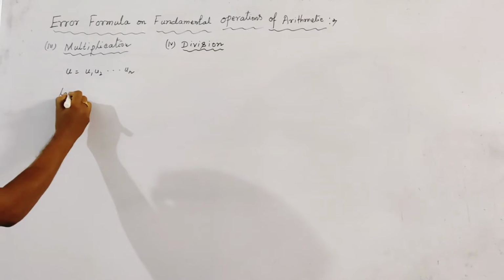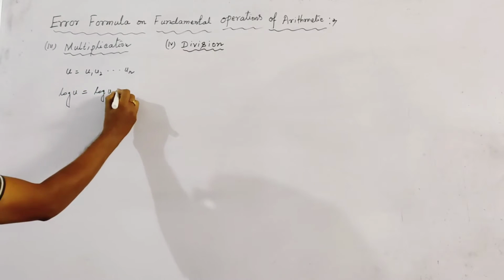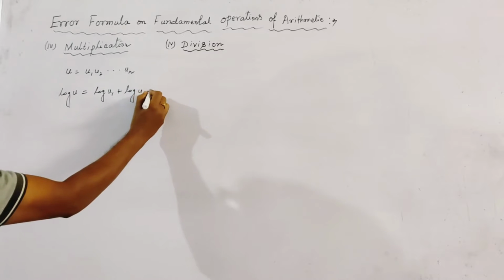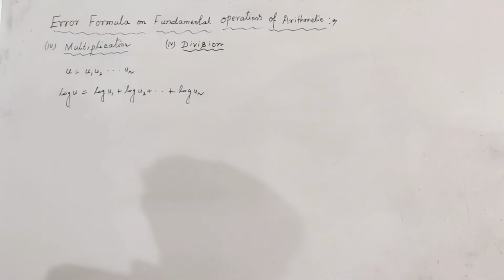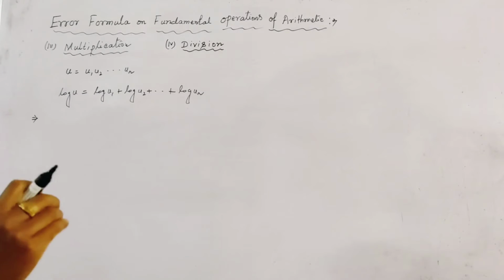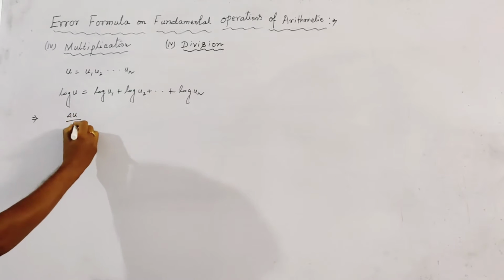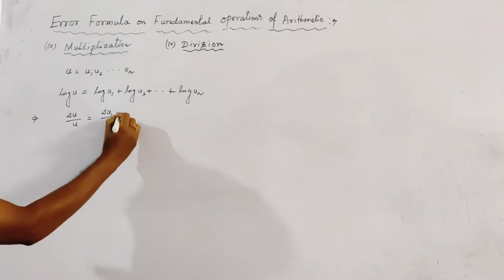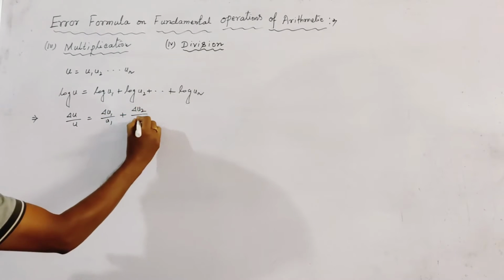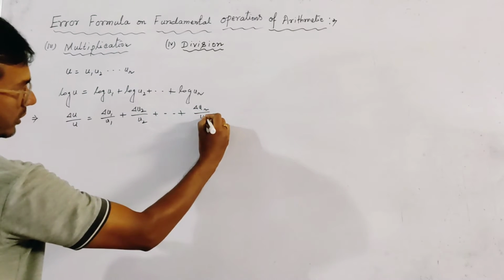That is log u = log u1 + log u2 + ... + log un. Now, as in the formula of derivative, we write delta u by u = delta u1 by u1 + delta u2 by u2 + ... + delta un by un.